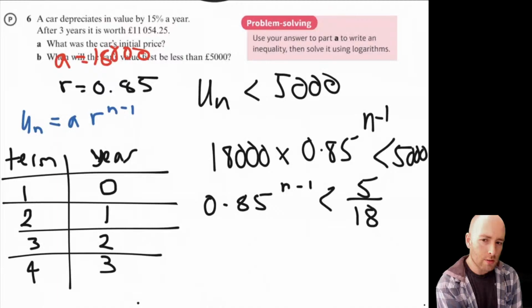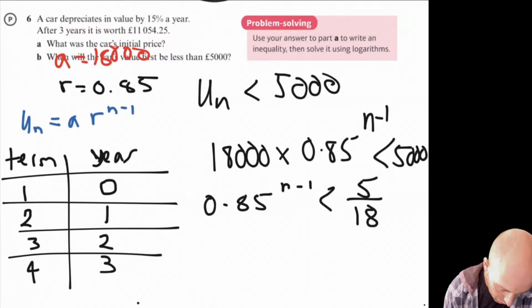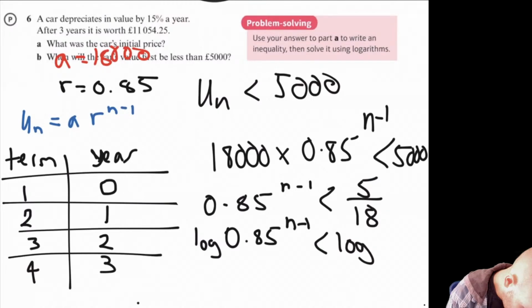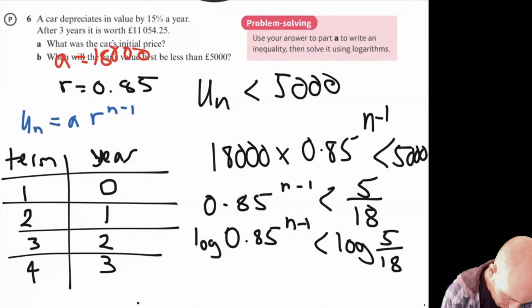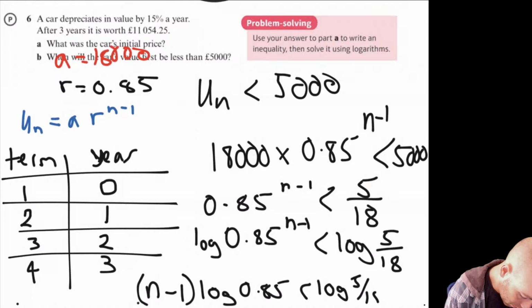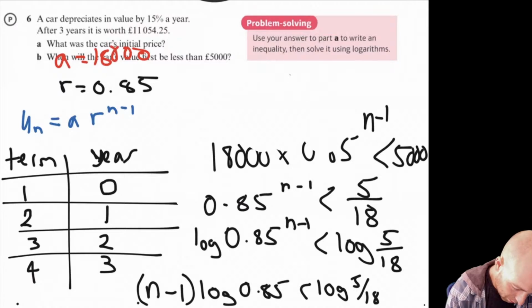Now to solve this I need to use logs. I'm going to log both sides of the equation. Use the power rule to get n minus 1 down the front. Let's go back up to the top, get rid of all the workings now.